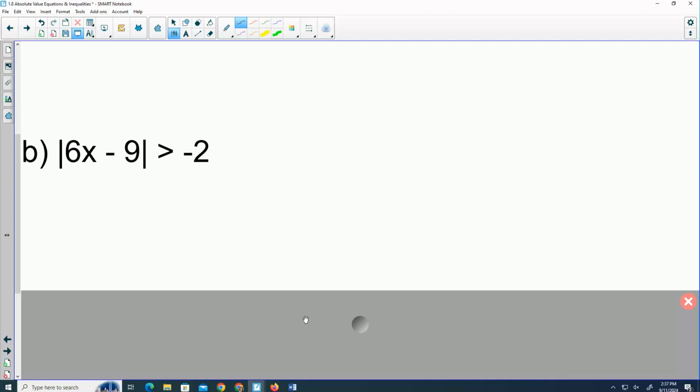The other one, you flip it and make it negative. So 6x minus 9 greater than -2. Or 6x minus 9 is less than, the opposite is +2. So I get 6x is greater than 7. x is greater than 7/6.